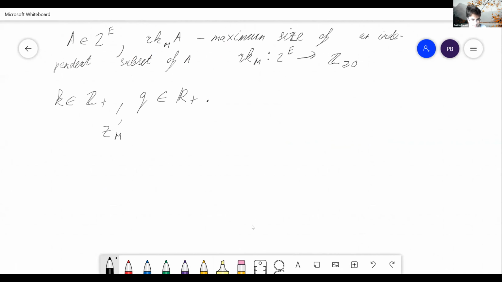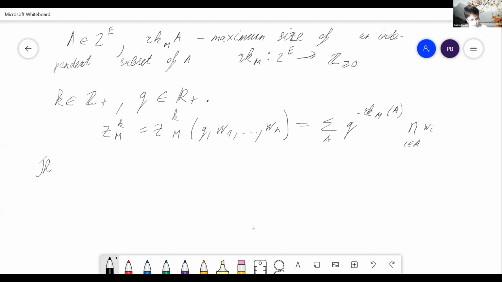Then we formally define a following homogeneous polynomial, where A runs over all k-element subsets of E. So we want to define the homogeneous multivariate polynomial.